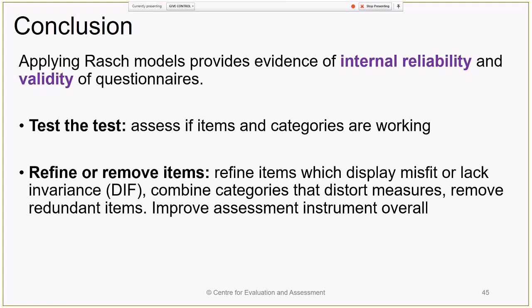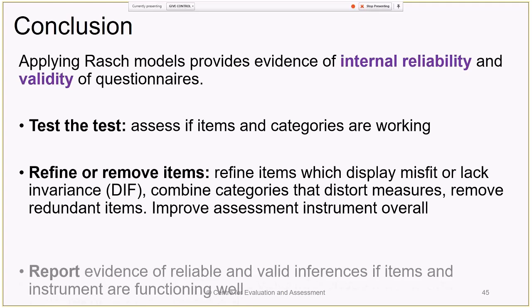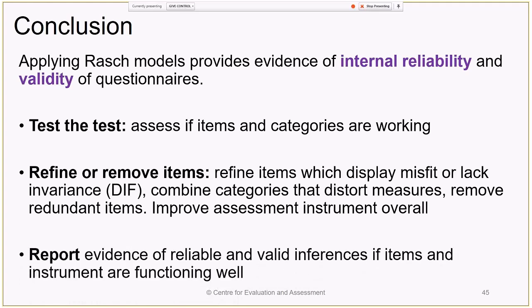But you do that, of course, with specialists in the field. You want to combine categories that don't work because they will distort your measures. You want to remove redundant items, improving basically your assessment instrument overall, so that you can report reliable and valid inferences if the items and the instrument are functioning well.